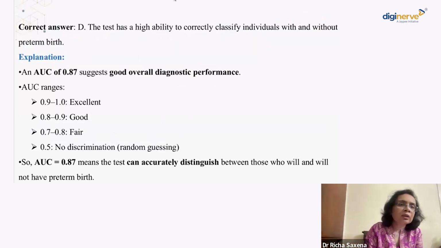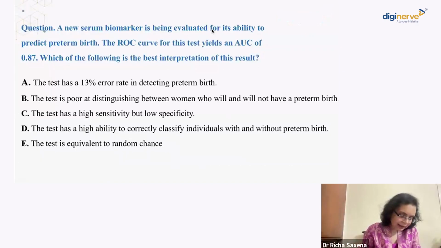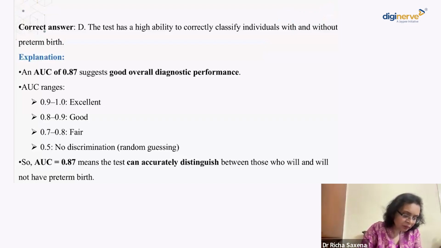Yes, the correct option is D. And D is basically the test has a high ability to correctly classify individuals with and without the disease. In this case, it is the ability to predict the preterm birth. We mentioned that if it is nearing 1, then that means the test is excellent.